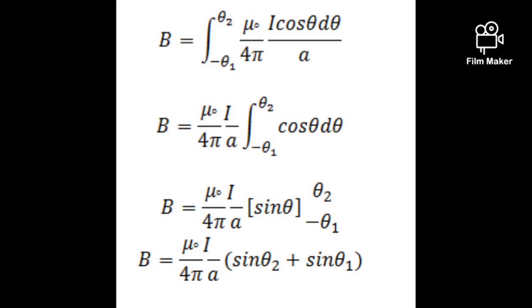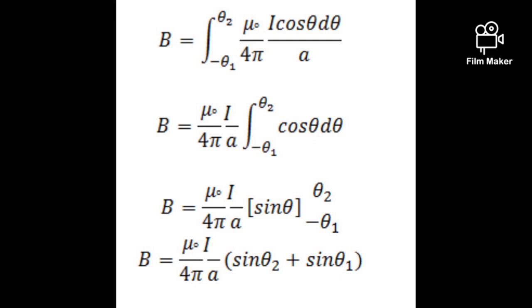B is equal to integrating from theta 1 to theta 2. These are the limits. Mu naught upon 4 pi, I cos theta d theta by a, and taking constants outside, mu naught upon 4 pi, I upon a, integrating from theta 1 to theta 2 cos theta d theta.